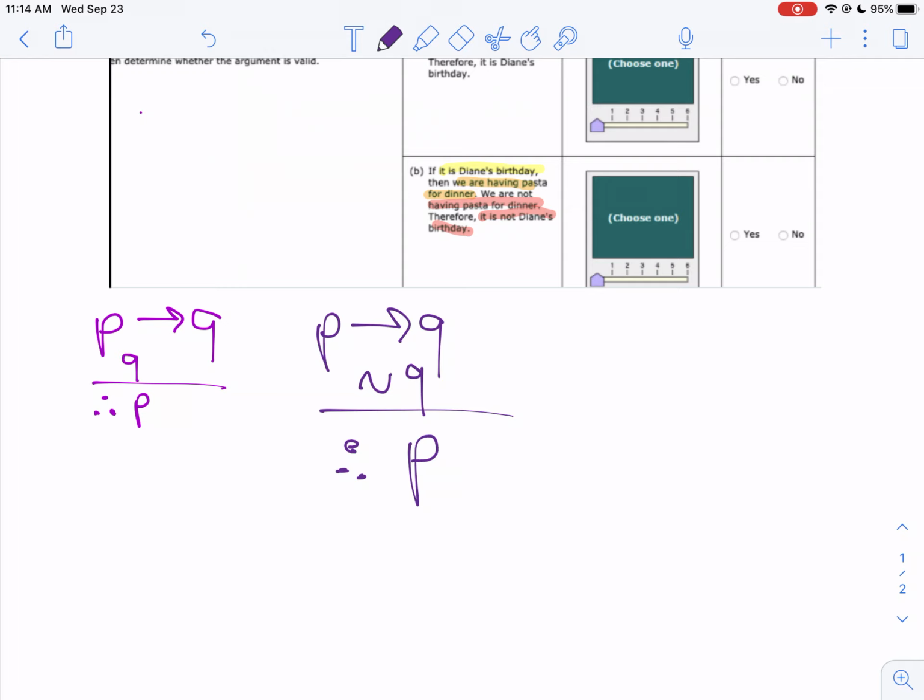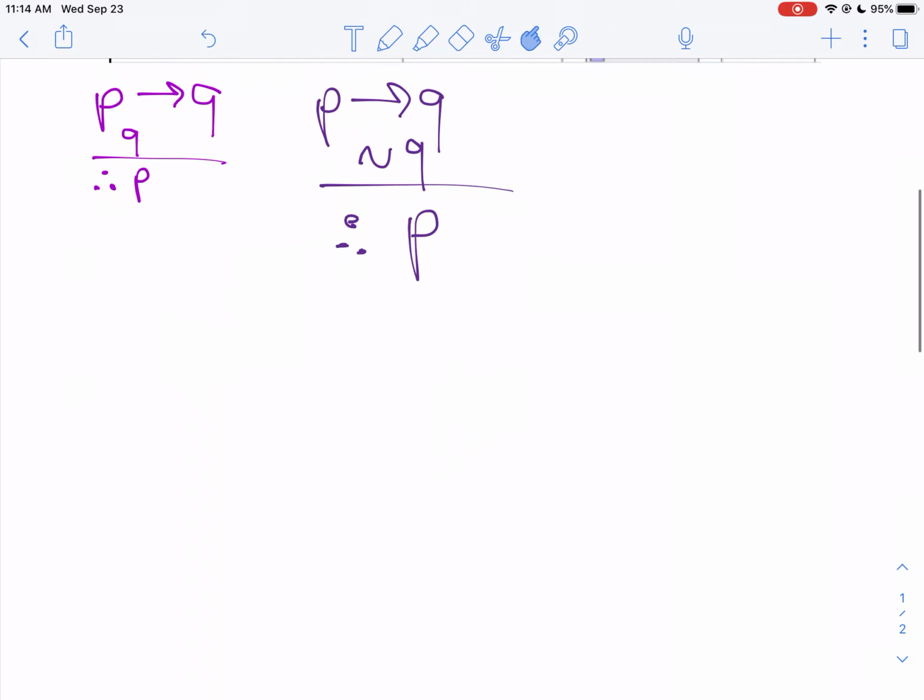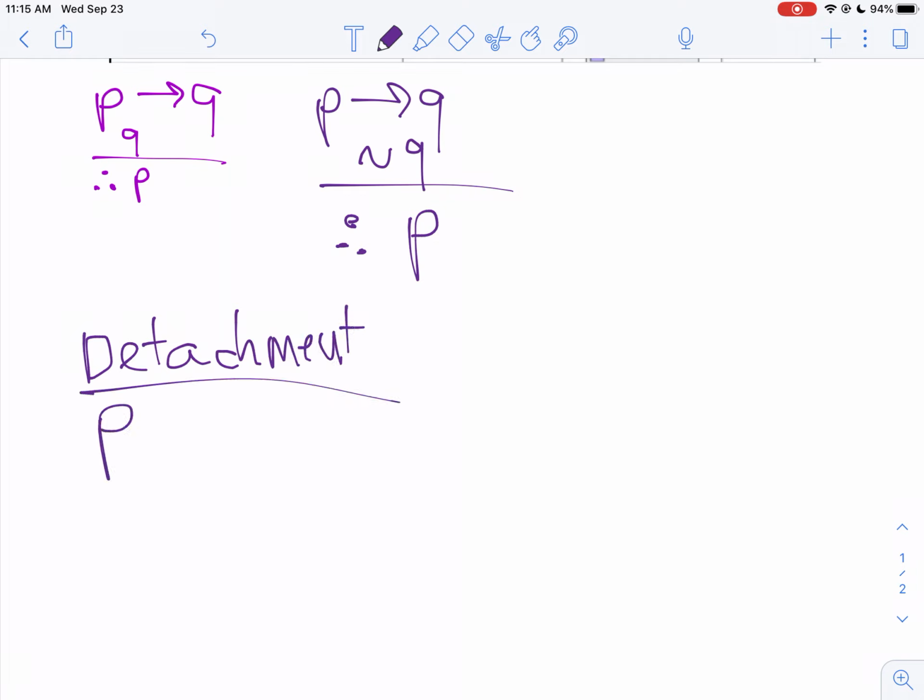Now, let's talk about what makes something valid. There's three things that make something valid. There's the law of detachment that we did in the seminar. And the law of detachment says that if P then Q, if P happens, Q must happen.